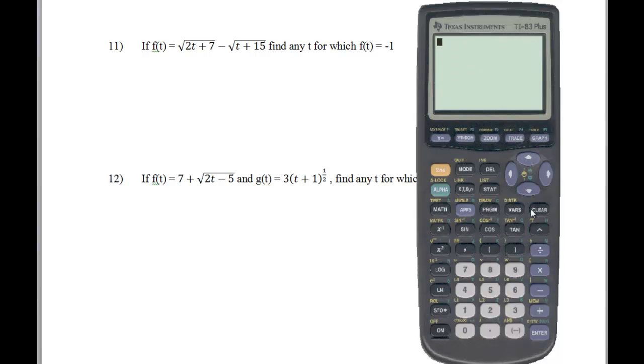Okay, to do so, I'm going to go the square root of 2 times 21 plus 7 minus the square root of 21 plus 15. And that gives me an answer of positive 1. So 21 is not an answer to my problem.